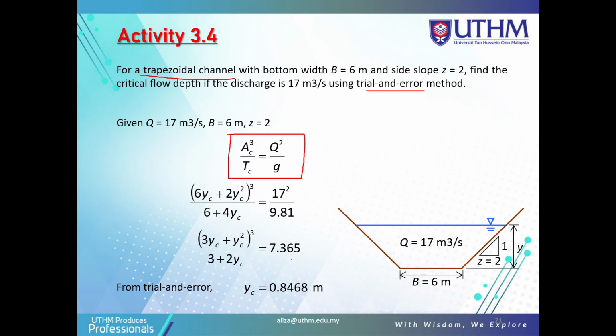So to get the YC based on trapezoidal channel. If it is a rectangular channel, you just use the direct equation based on YC. It's so simple. But for the other channel, you must use this all section, so you must use the try and error method.